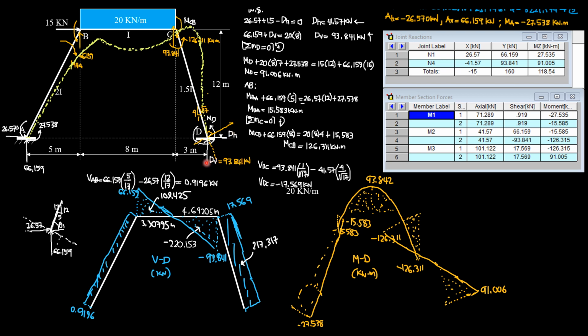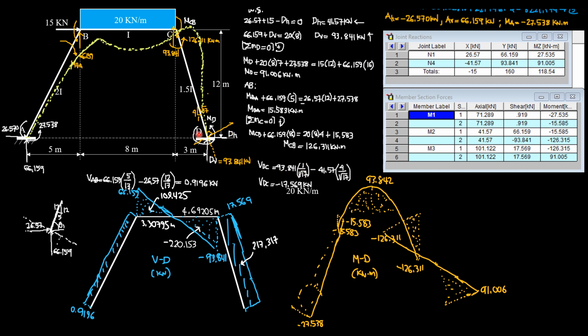So the component of DV, which is 93.841 by summing up forces vertical, is in that direction, so it is positive, and the slope is 1 horizontal, 4 vertical, square root of 17 hypotenuse. So this is 93.841 times 1 over square root of 17.